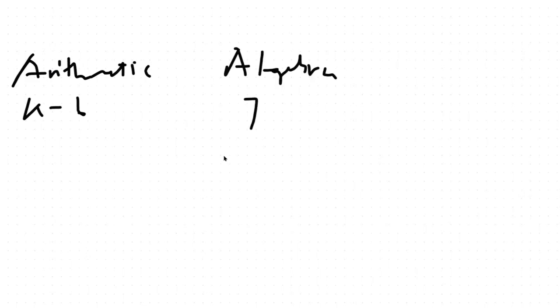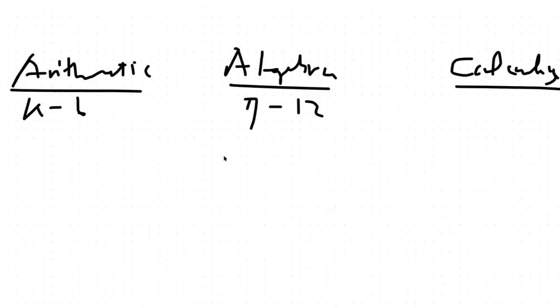Some of you may finish in 9th or 10th grade. Then the next level, you go to calculus. These three terms are totally different things: arithmetic, algebra, and calculus. These are actually of different meaning.